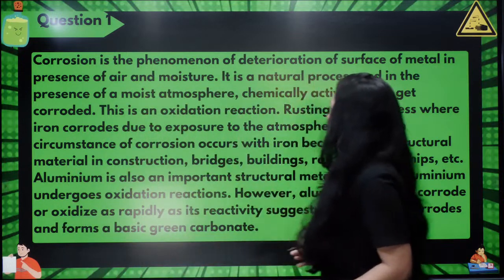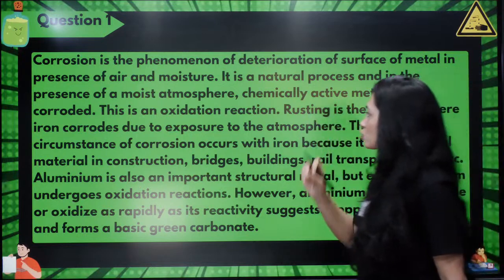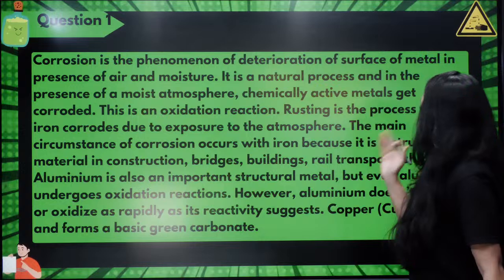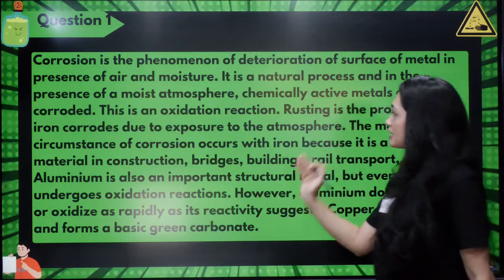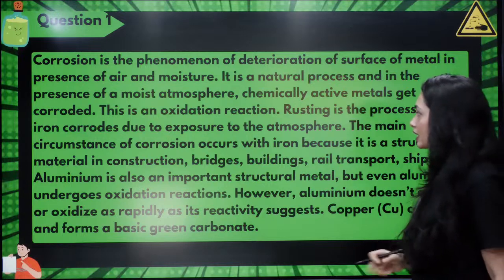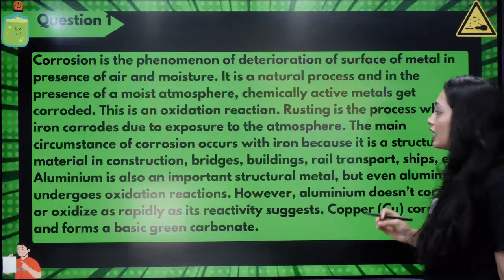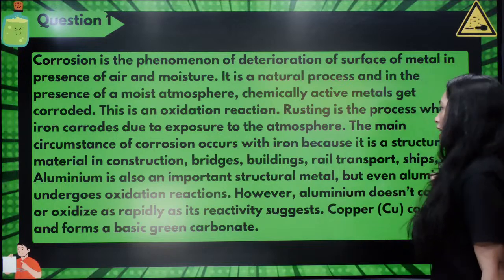Corrosion is the phenomenon of deterioration of the surface of metal in presence of air and moisture. It is a natural process, and in the presence of a moist atmosphere, chemically active metals get corroded. This is an oxidation reaction. Rusting is a process where iron corrodes due to exposure to the atmosphere.